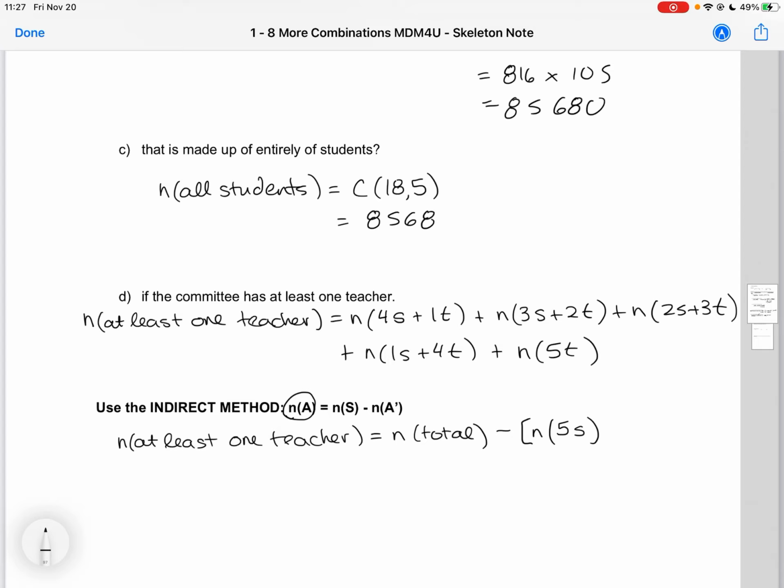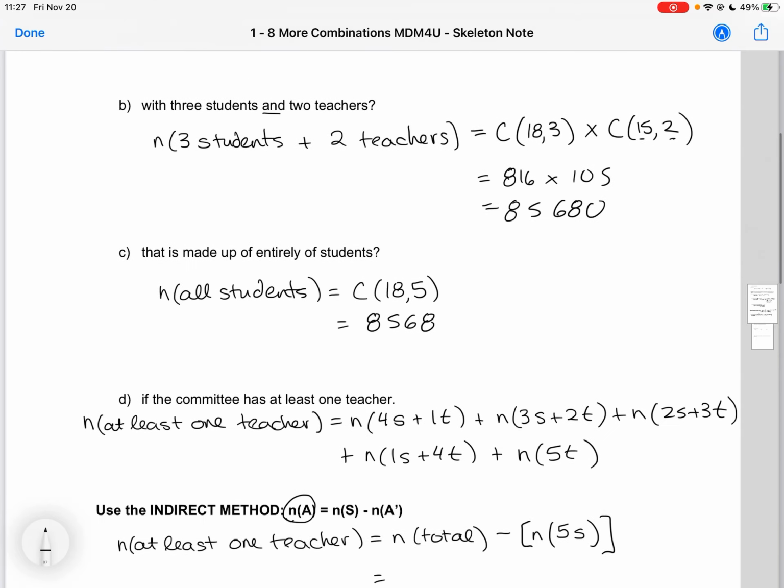So we're going to take away our number where we have all students, because all of the other groups are going to have at least 1 teacher.